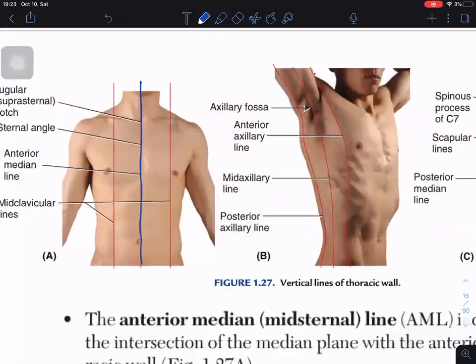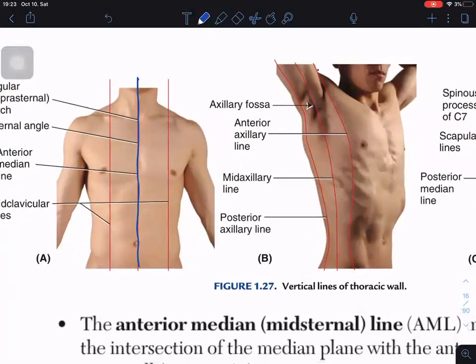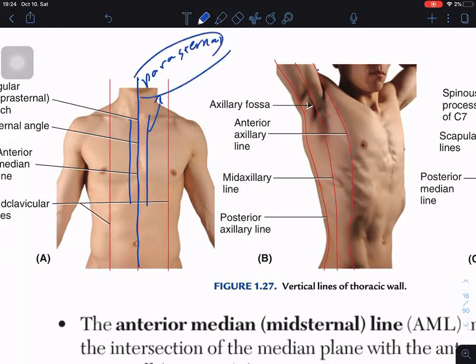Once we have the mid-sternal line, parallel with the lateral borders of the sternum, we have another line that I draw right now, and these lines are called parasternal lines. Okay, so we use these lines sometimes.